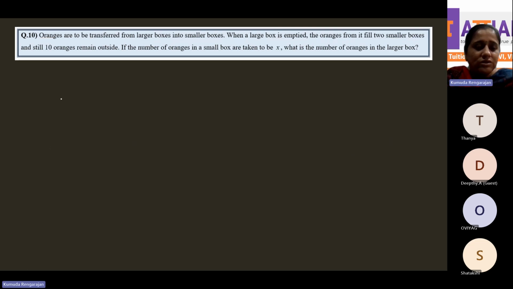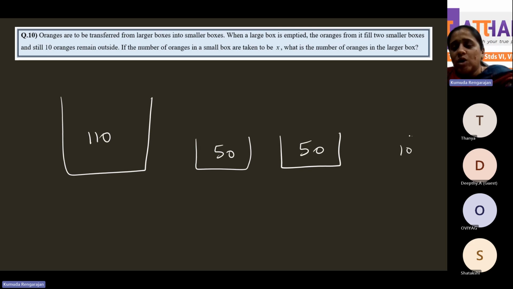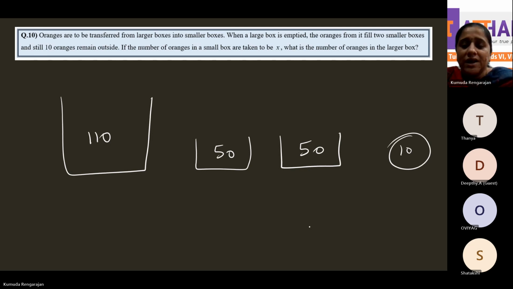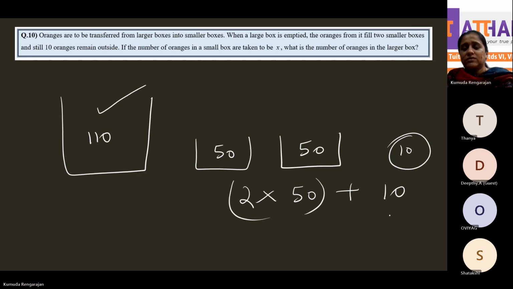I'll repeat our situation. There we have a big box of 110 oranges. We empty these oranges into smaller boxes, each box having 50 oranges, and so 10 oranges are left out. Now, how can you use these numbers to represent 110? 50 taken 2 times because 2 boxes, plus 10. 2 into 50 plus 10.